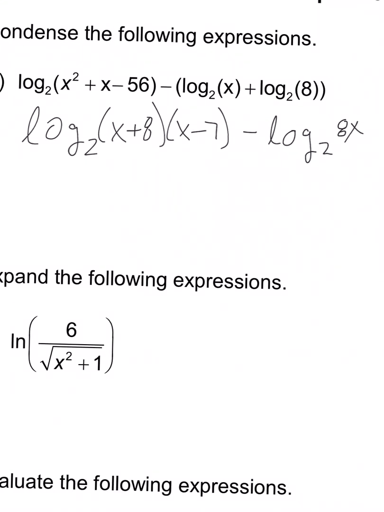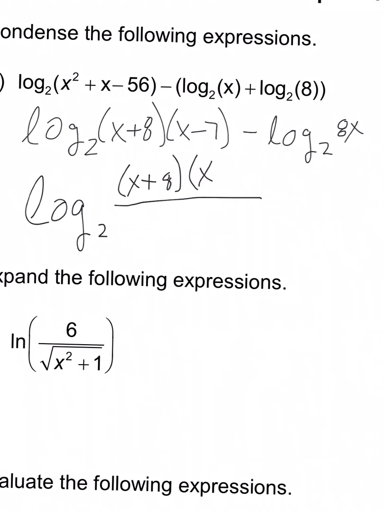And now, as I look at this, I have two logarithms with the same base. Subtracting, I can condense those down into one logarithm with the base of 2. And the positive logarithm, which was the first one, that argument goes in the numerator. And the negative logarithm, minus log base 2 of 8x, that argument goes into the denominator.